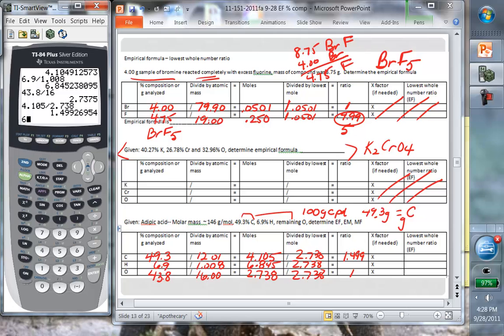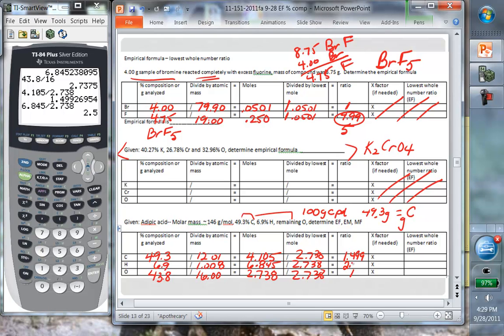And 6.845 divided by 2.738, and I get 2.5 here.